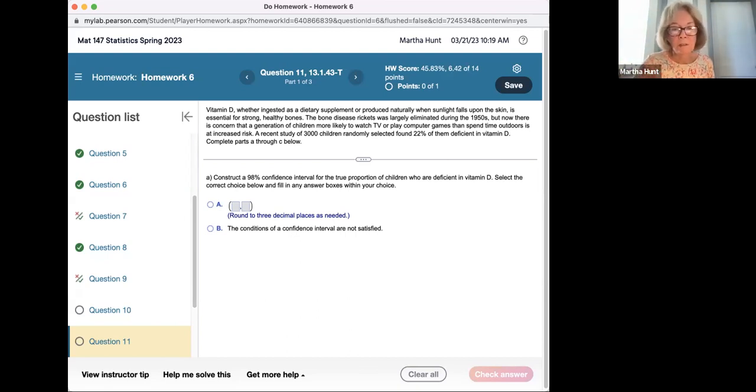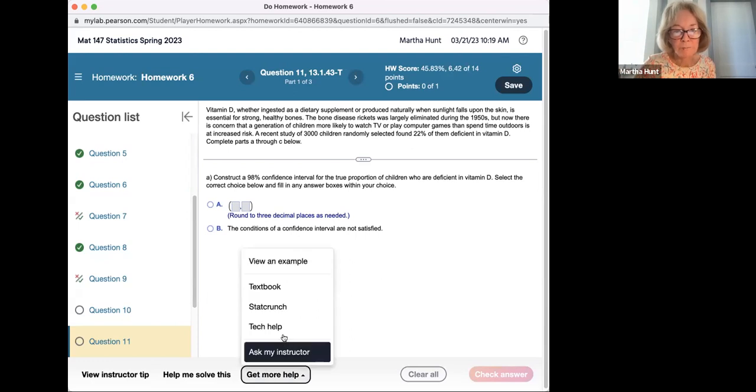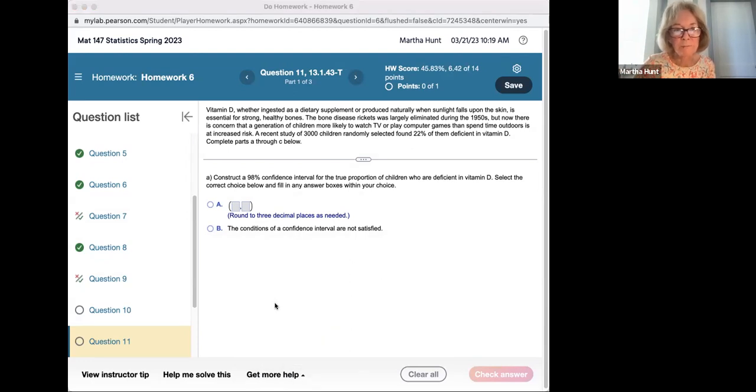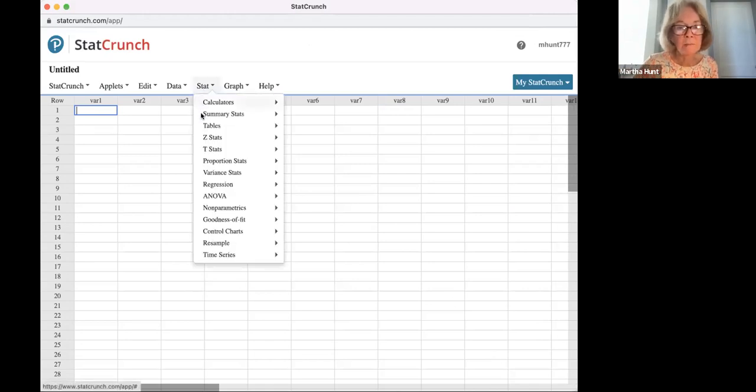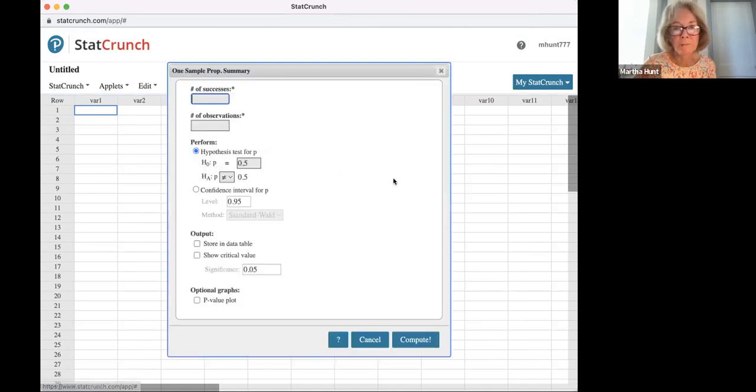Okay. So to get more help, the StatCrunch with the new share. Stat, Proportion Stats, One Sample, With Summary. And it was 660 kids are vitamin D deficient out of 3,000. I believe it was 95%.